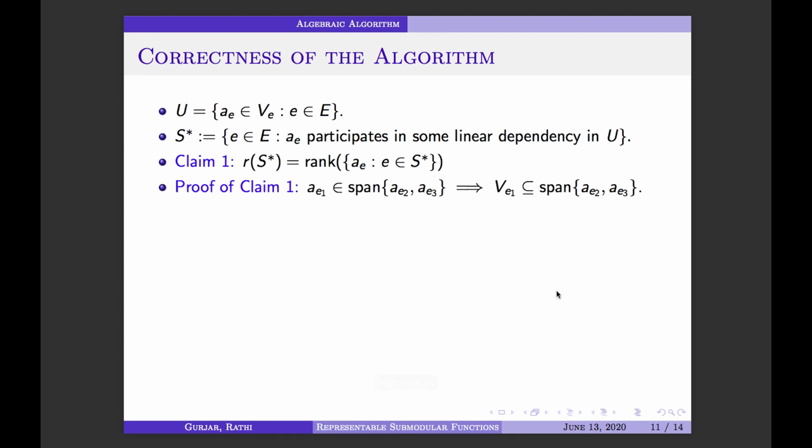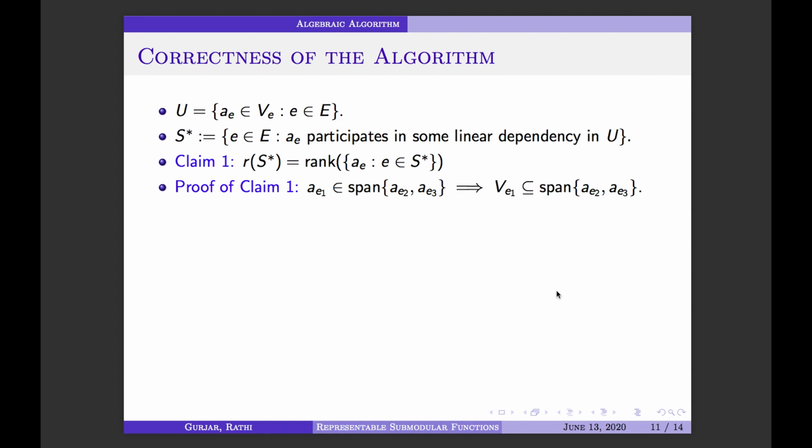So by definition of S star, these vectors AEs have some linear dependencies among them. So consider for example that AE1 is in the linear span of AE2 and AE3. Now since AE1 is a random vector in VE1, it means that almost every vector in VE1 is in this span.